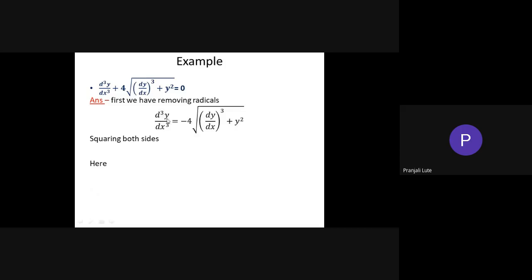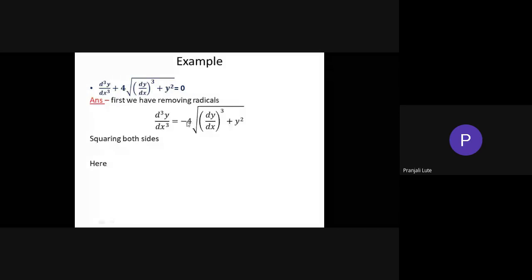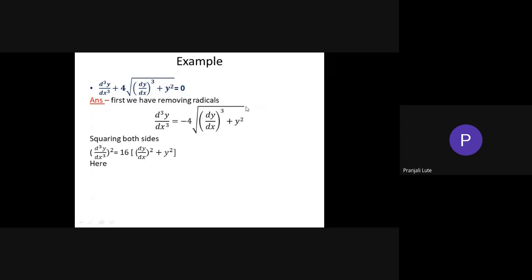So what about the left hand side after squaring? D cube y by dx cube whole square equal to, what is the square of minus 4? 16. And take the square of the second term. This term is having power half, and taking the square of that term means half into 2. 2 getting cancelled.